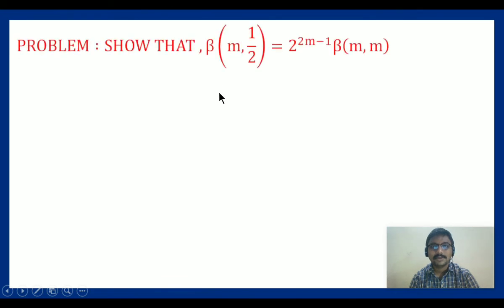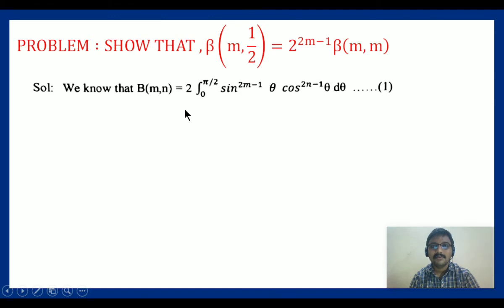Another problem: show that beta of m comma half is 2 power 2 minus 2m minus 1 into beta of m, m. Solution: we know that the formula for beta of m comma n is 2 into integral of 0 to pi by 2 sine power 2m minus 1 theta cos power 2n minus 1 theta d theta. Let it be equation number 1.